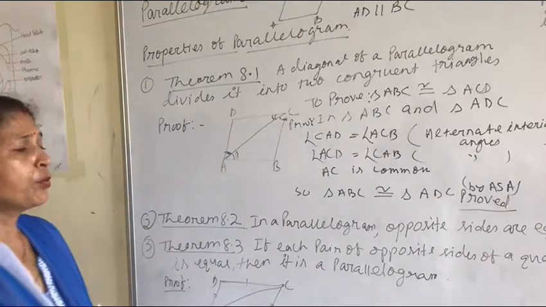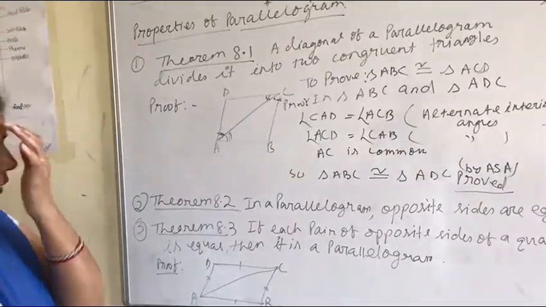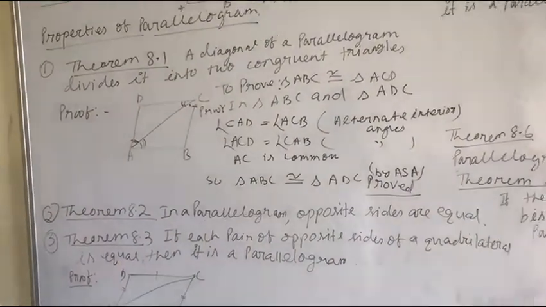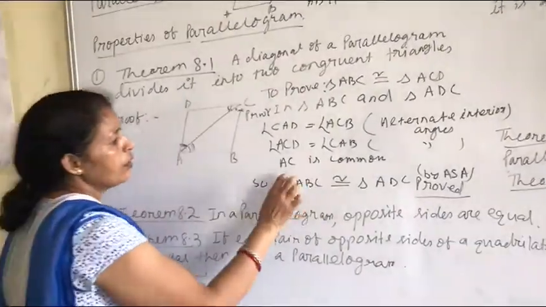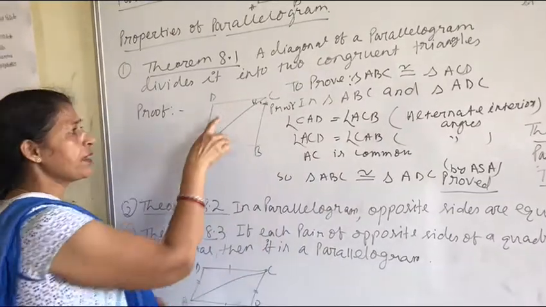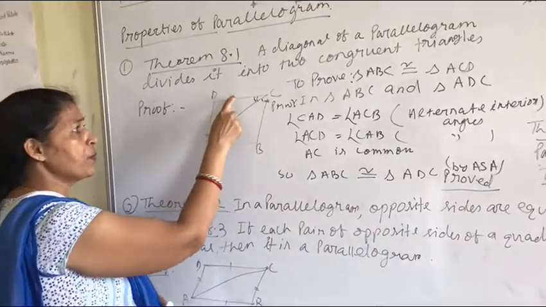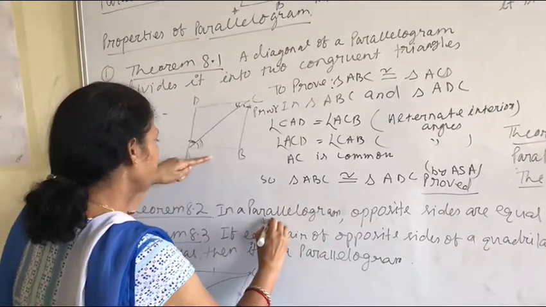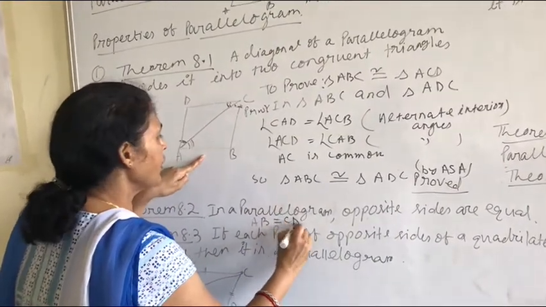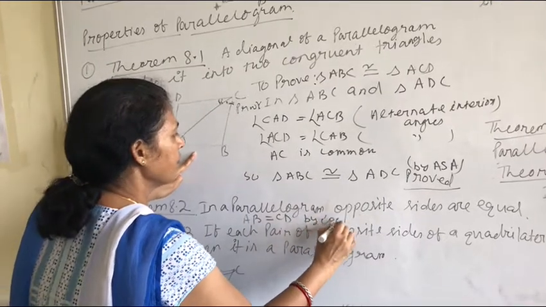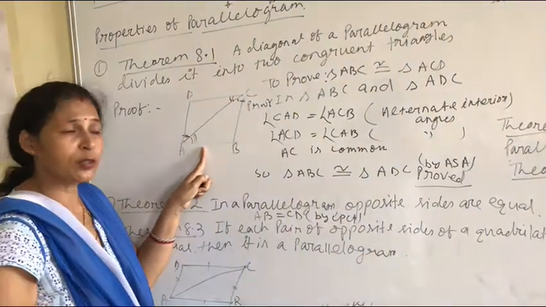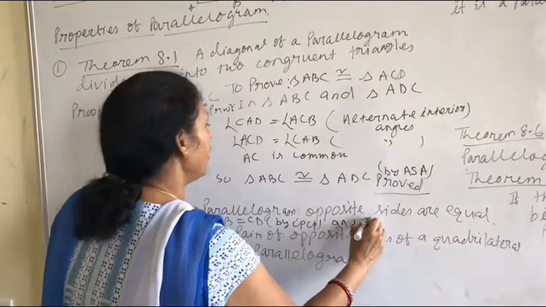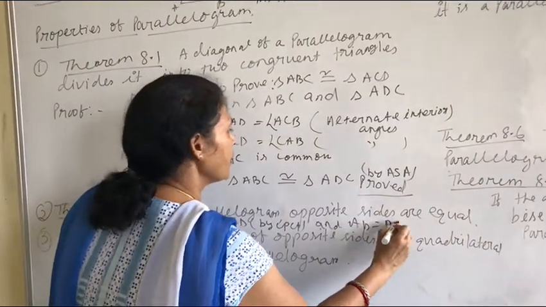Now your theorem 2: in a parallelogram, opposite sides are equal. So if you first prove the triangles congruent, then by CPCT you can write AB is equal to CD, corresponding parts of congruent triangles, and AD equal to BC.